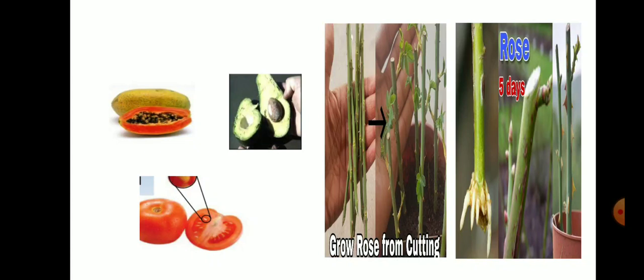Seed is an important part of reproduction. A few plants reproduce by stem. For example, rose, sugarcane and hibiscus develop into a new plant. This is called reproduction in plants. But non-living things cannot reproduce.